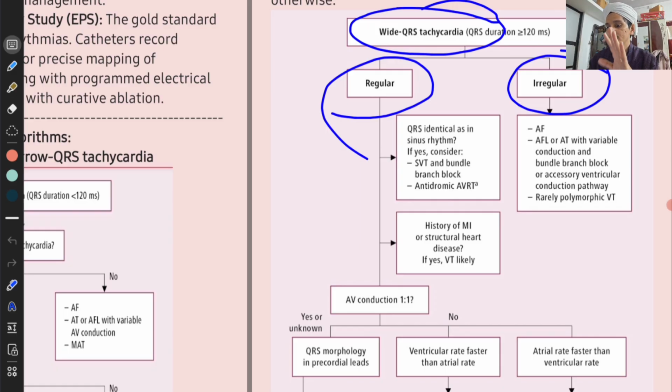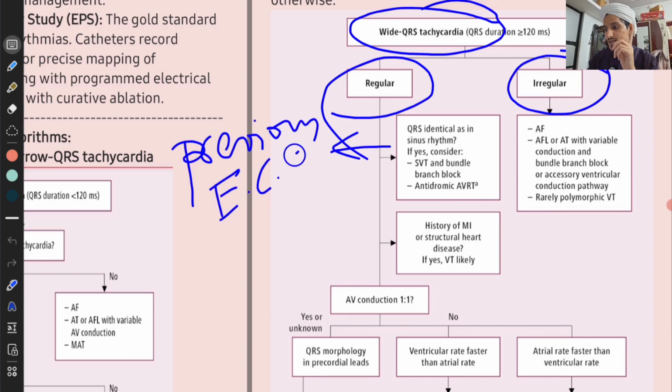First, if the patient has a previous ECG, and in that previous ECG the QRS complex is identical to that in sinus rhythm, then it is SVT with aberrancy, or antidromic conduction via an accessory pathway, AVRT.